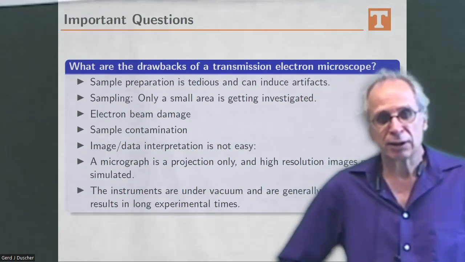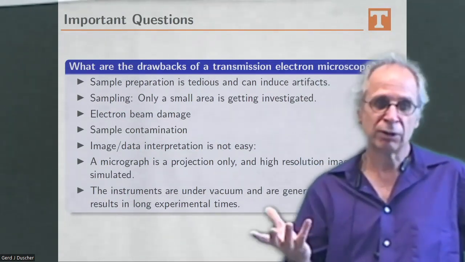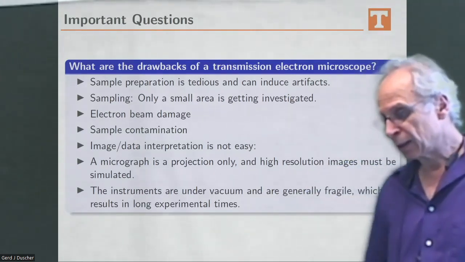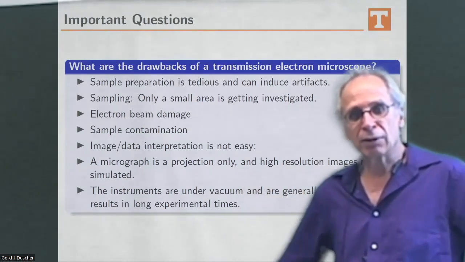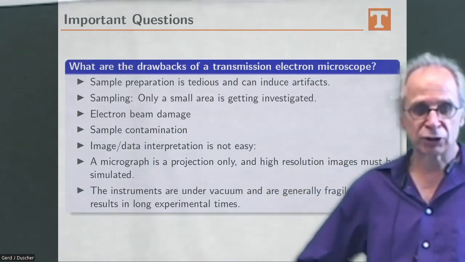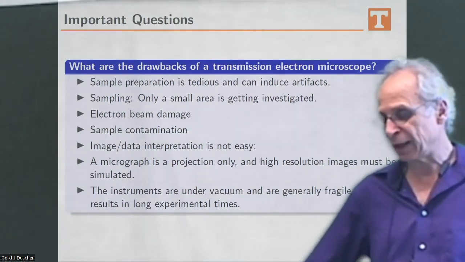The data analysis is not untricky due to the strong interaction of the electron with the materials. A single micrograph is only a projection, so lots of artifacts can happen here.